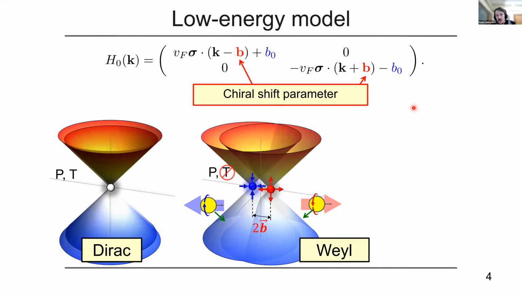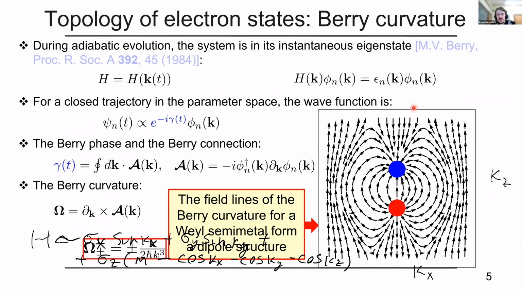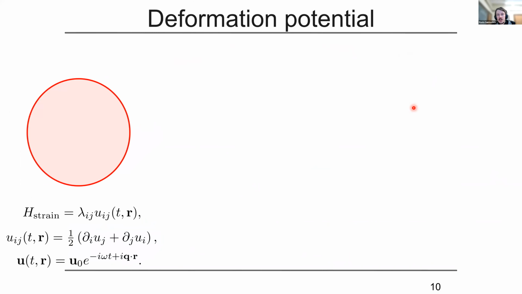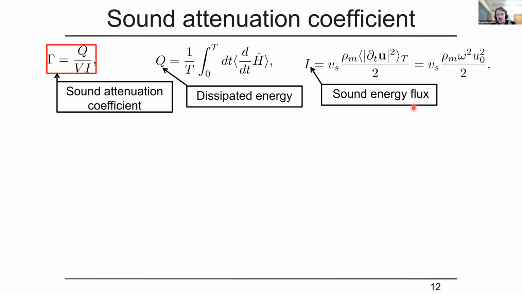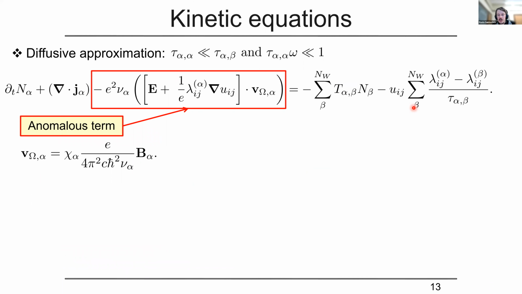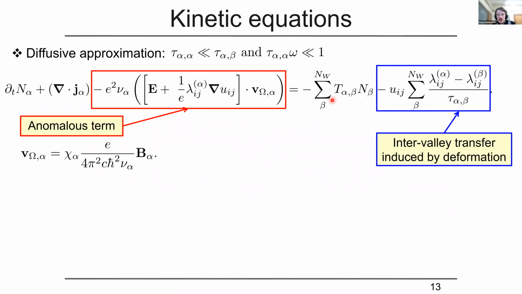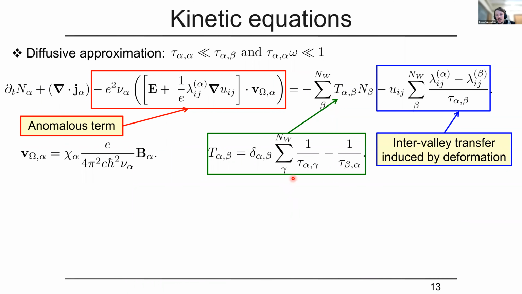But actually, if we apply our theory to a more generic case, here we have this tau alpha beta, which accounts for internode and intranode scattering time between different Weyl nodes without any assumptions whether they're close or not.